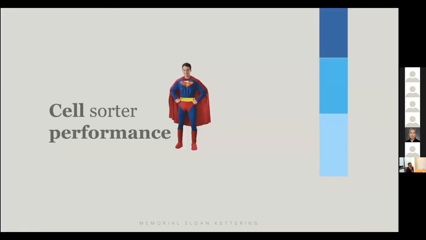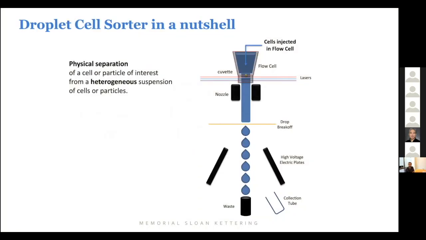Let's talk a little bit about cell sorter performance. Now, I know that most of you do know how a cell sorter works, but I just want to make sure that everyone is on the same page. So again, droplet cell sorters have sheath running through them, and there's a transducer that's sending a sound wave all the way down through the stream, shaking it and breaking it up into droplets, right?